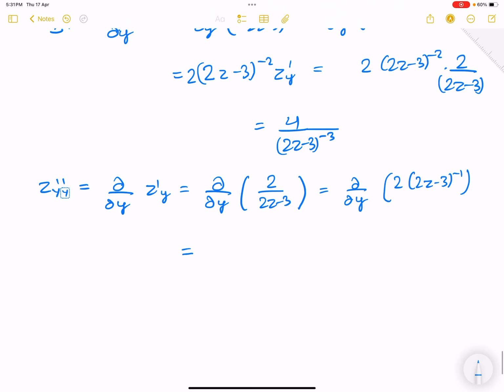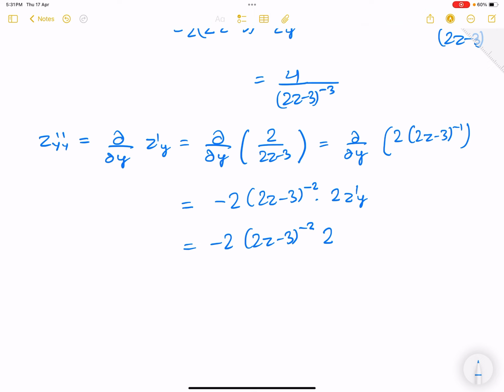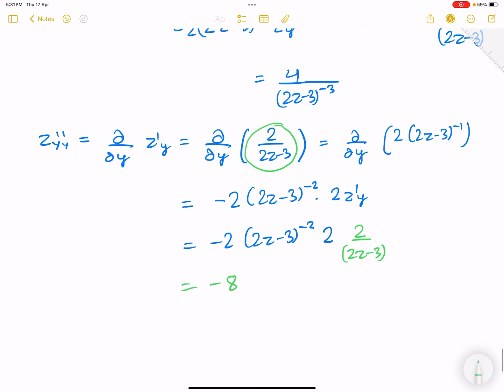So this can be written as minus 2 times 2z minus 3 to the power minus 2 into 2 times z dash y, and z dash y was itself this term, so this would be 2 upon 2z minus 3. So this becomes minus 8 upon 2z minus 3 to the power 3.